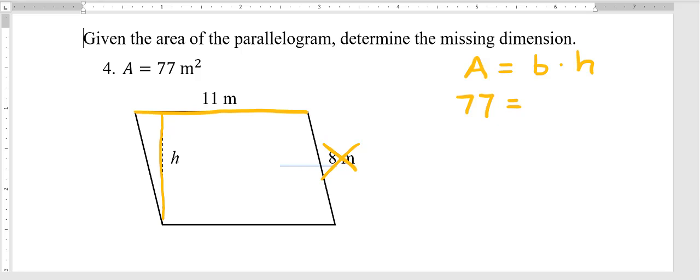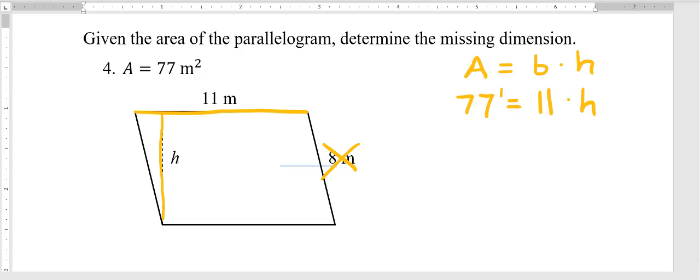We already said that the base of that parallelogram was 11 meters. So the B can be written as an 11. What we don't know is the height. So our mathematical equation becomes 77 equals 11 times h.